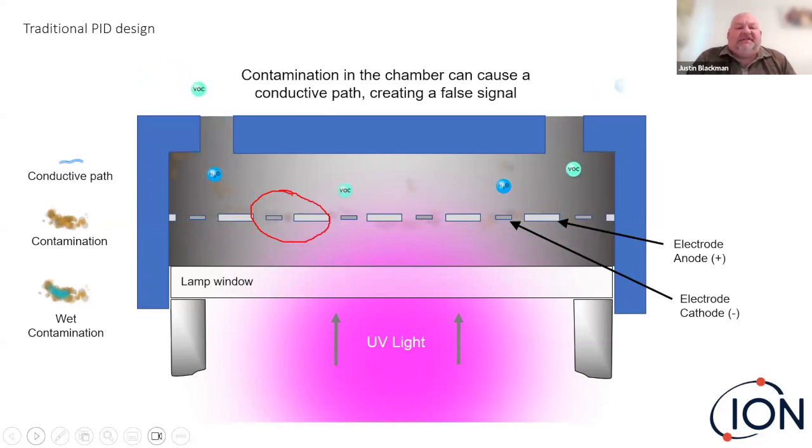With a traditional detector, your VOC and humidity would travel through the detector. As time goes by, a small layer of contamination shown as the brown chunks on the edges of the detector cell attaching to the electrodes, a layer of contamination.